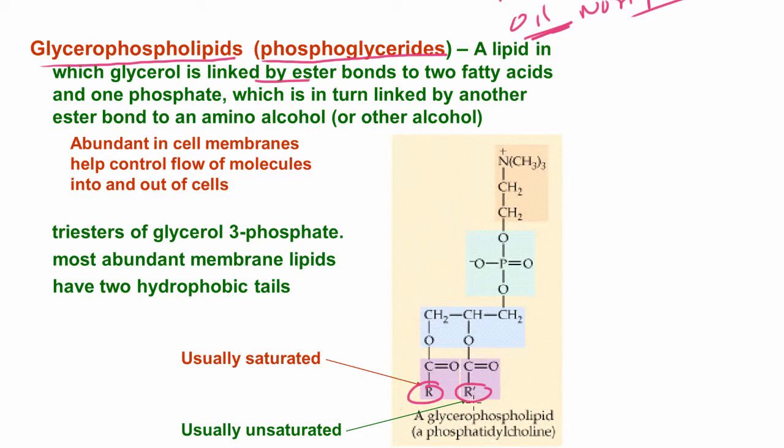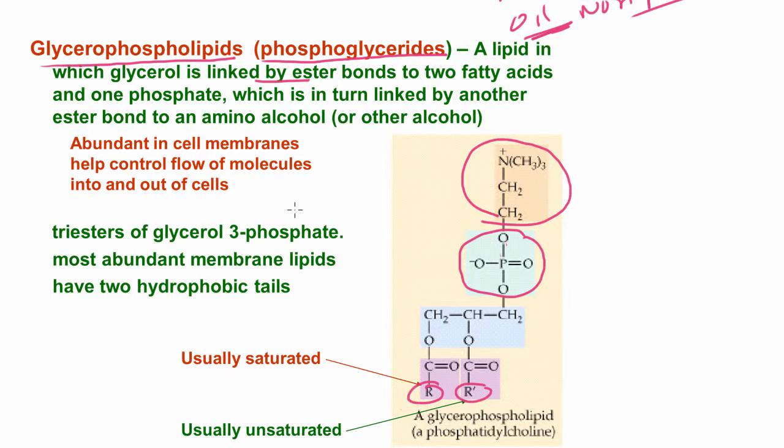The other one is usually unsaturated. We have a phosphate here, so that's linked to a phosphate. And then we have another ester-like bond to an amino alcohol or some other alcohol. So if you were to hydrolyze this, we would have the fatty acids, the glycerol, the phosphate, and the amino alcohol or the other alcohol.